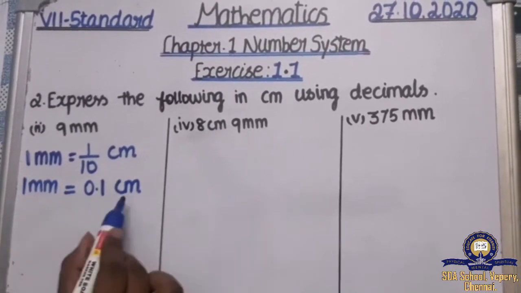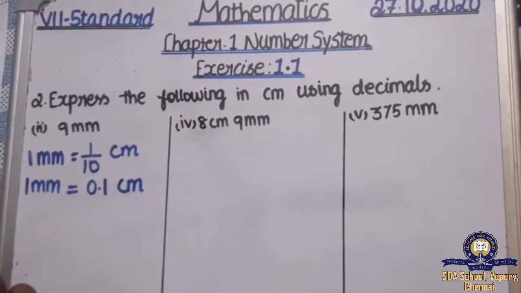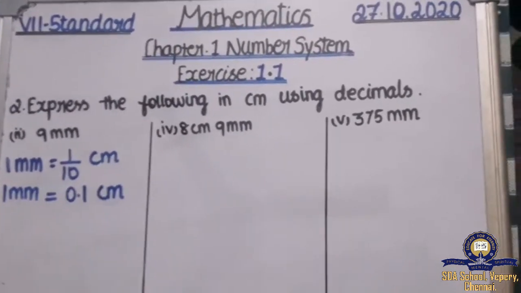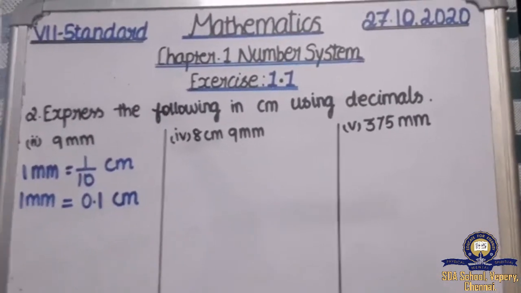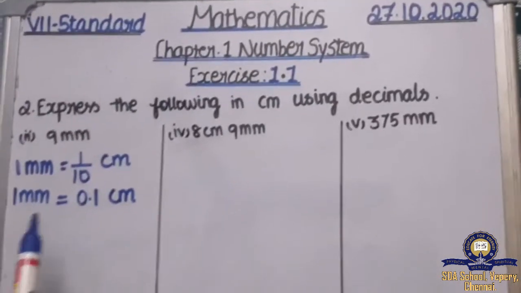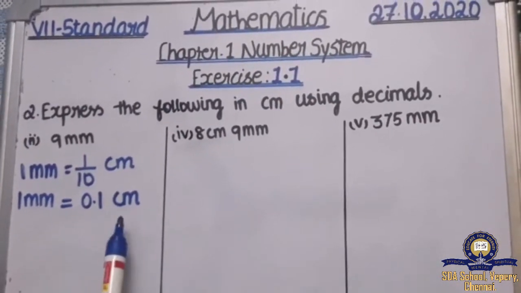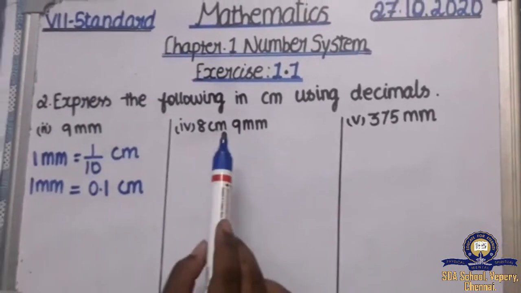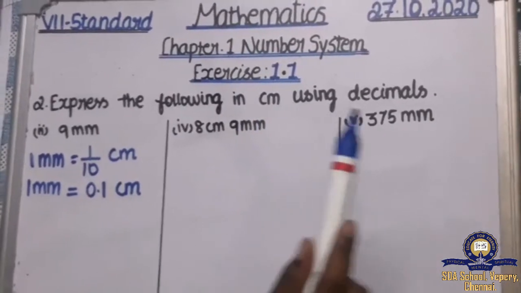This can be represented by using decimals. When we use decimals, 1 millimeter is equal to 0.1 centimeter. Here, what do we need to find? We need to express the following in centimeter using decimals.